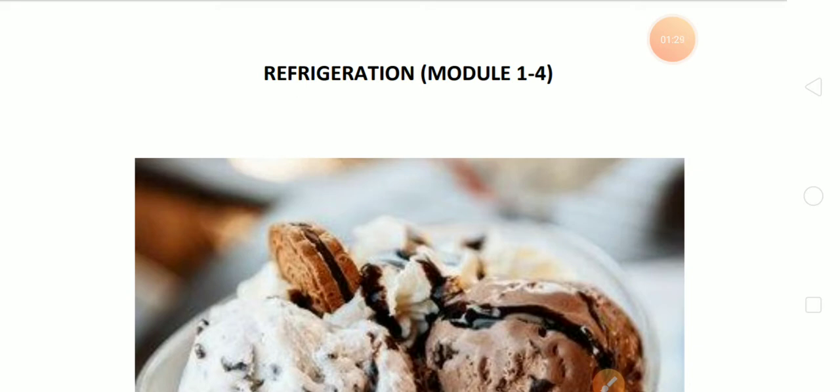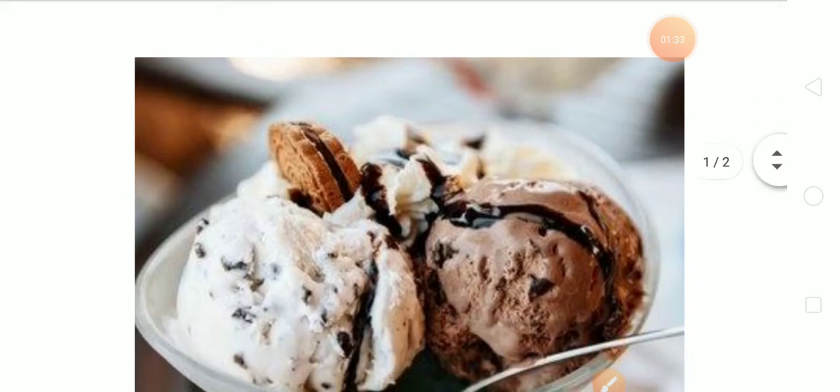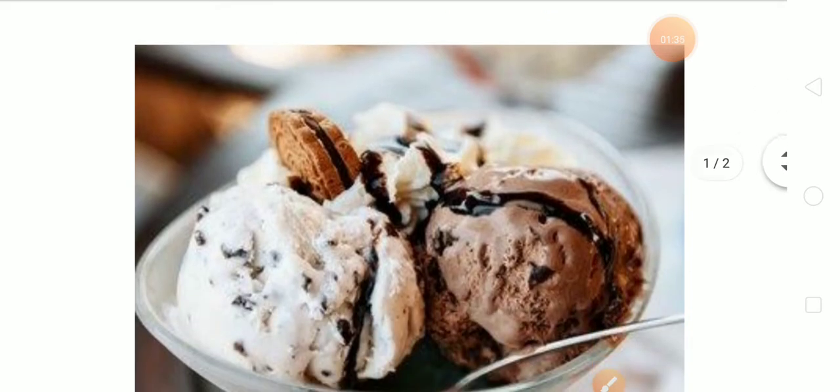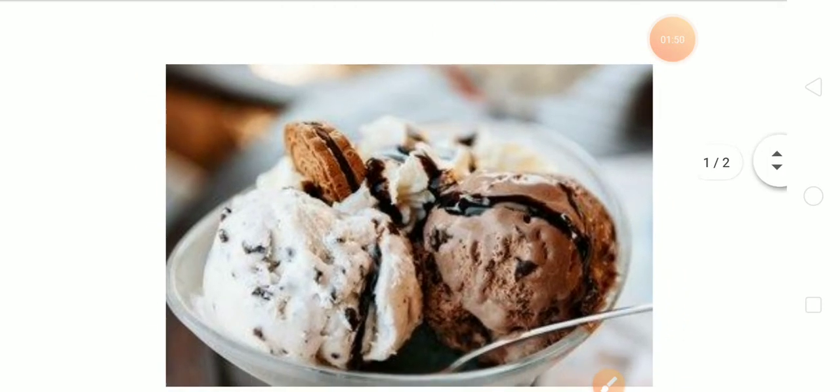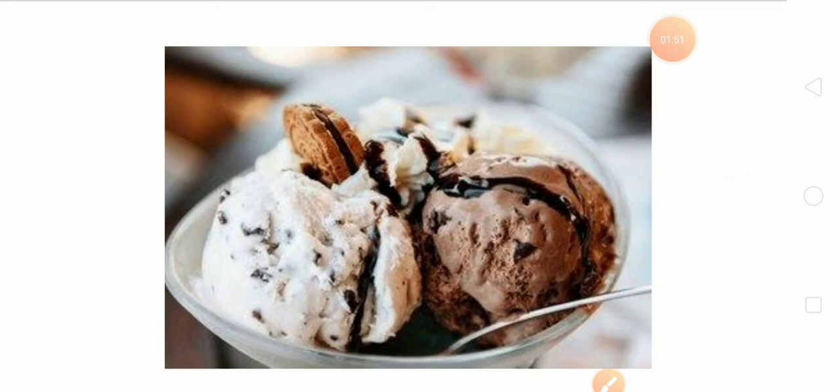Let's come to the topic. See, in the figure, it's a very familiar dish. Everyone must know this dish. This is two scoops of ice cream in a bowl. Of course, at least somebody has a mouth-watering mood right now.